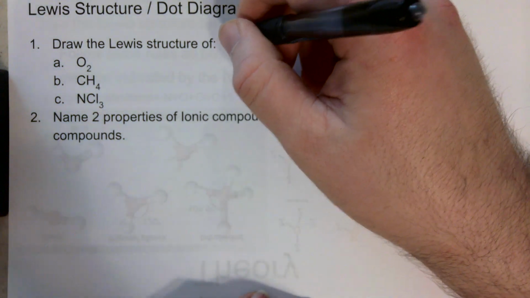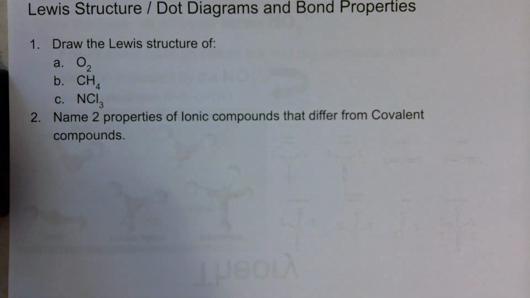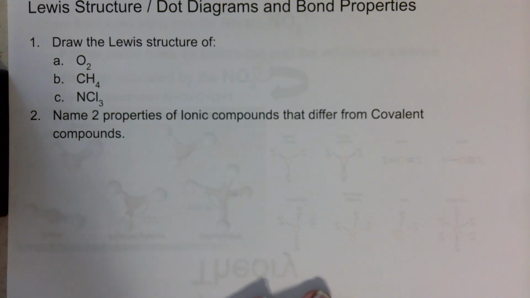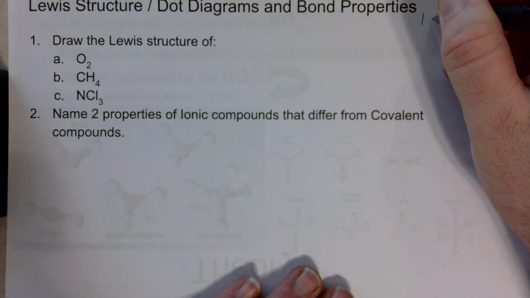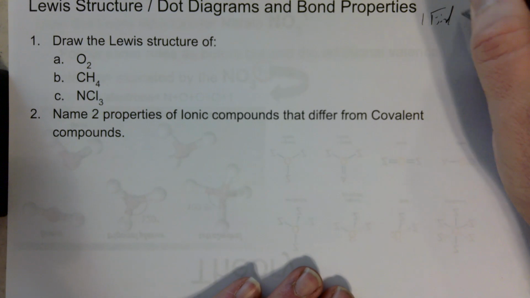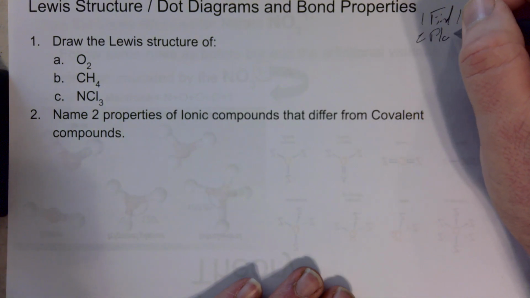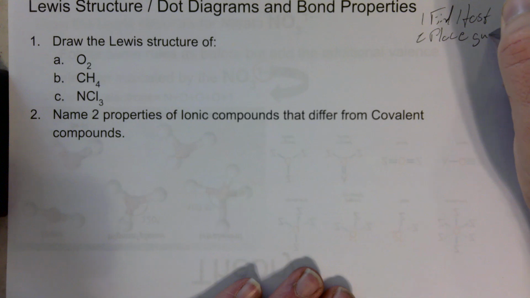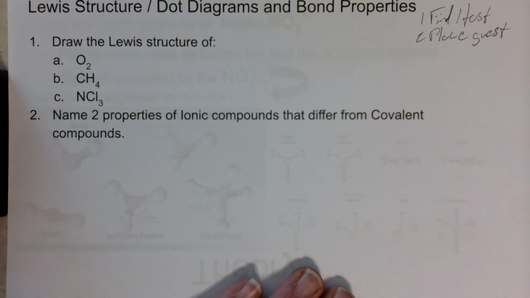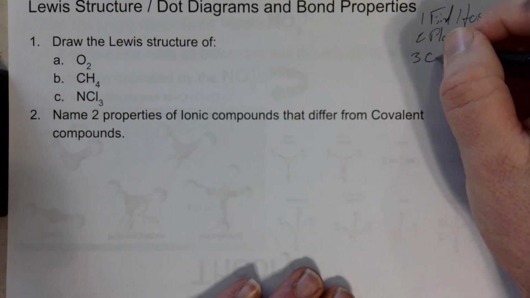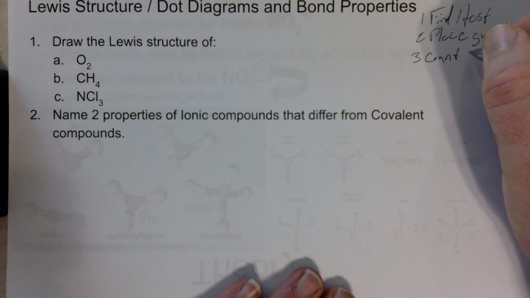So, look at O2 first. Now, this is a little bit of a small gotcha situation because there's 7 rules that we have to follow, right? First rule was find our host. Second rule was place our guest. Third rule, count the valence electrons.